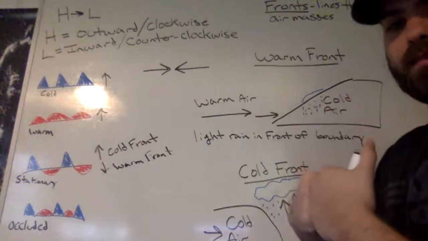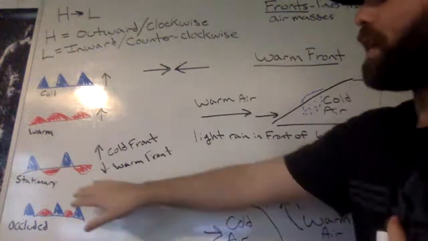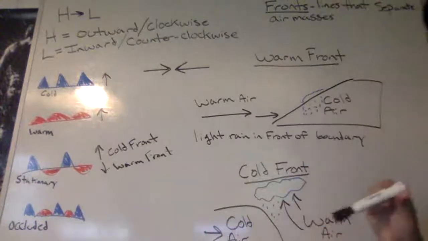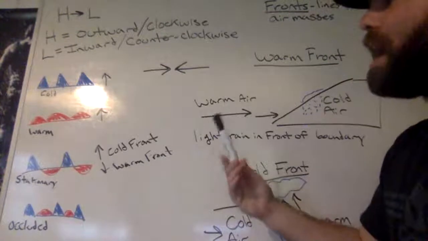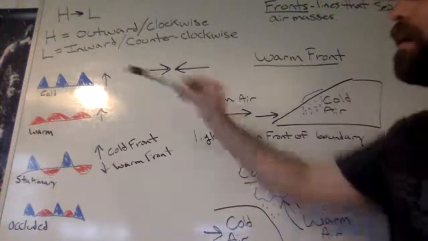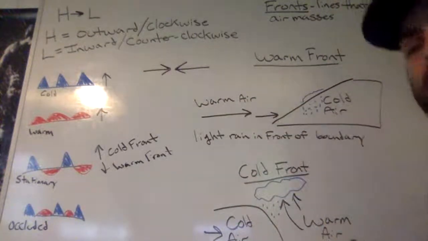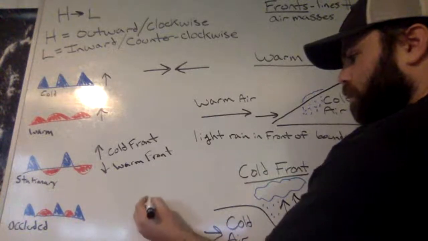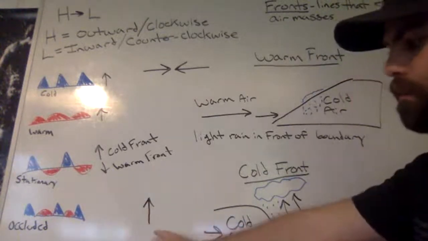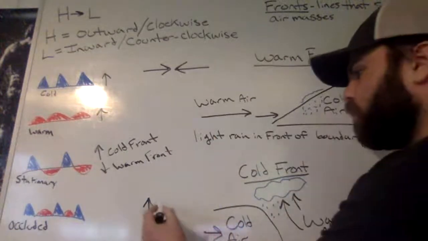They're just staying there. So that's called a stationary front. Now, the last one is called an occluded front. We kind of see it almost happening up top with these two. An occluded front is, let's say we have a cold front going north, just traveling. This is the cold front.